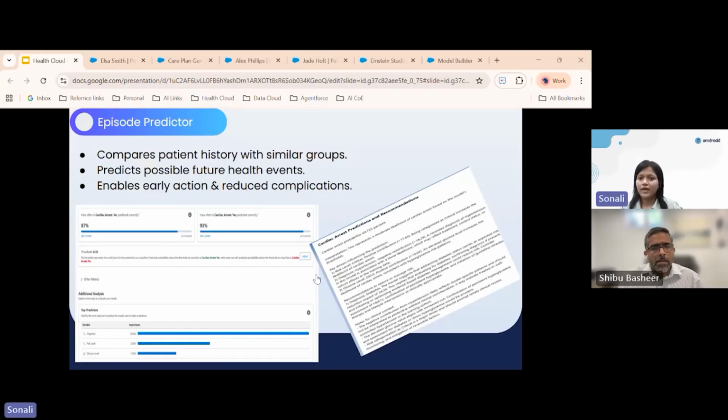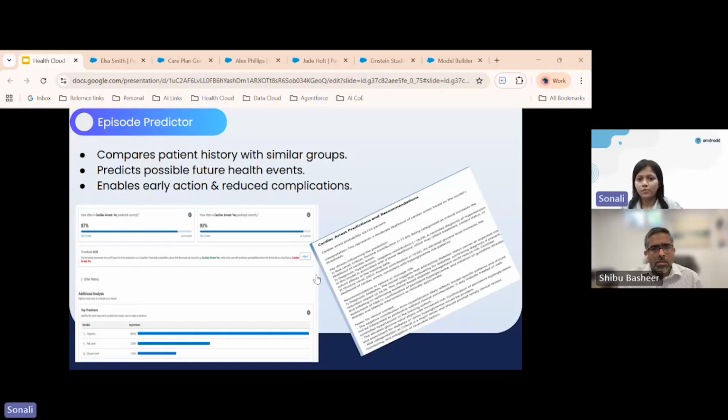That means the care team members can act early. They can adjust the patient's medications, they can schedule check-ins, or maybe they can provide extra support before any complication happens. So just imagine the difference that it makes for both the patients and the care team.